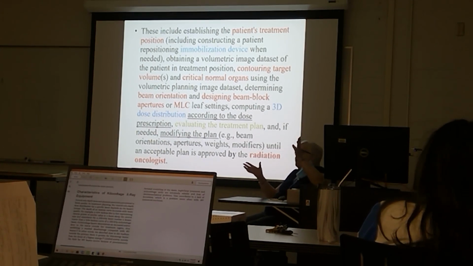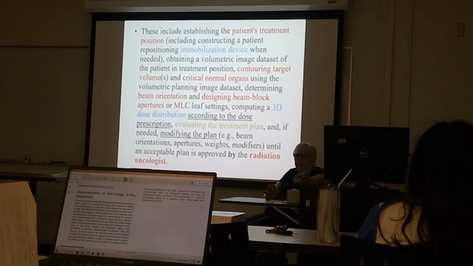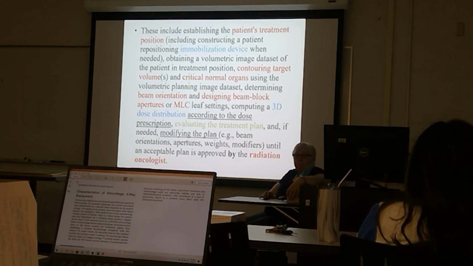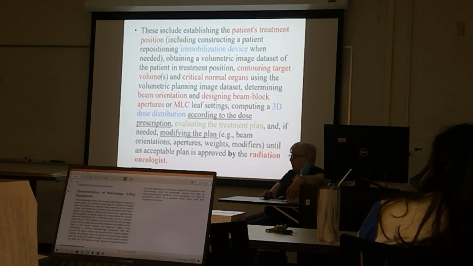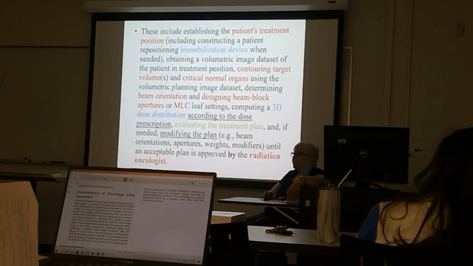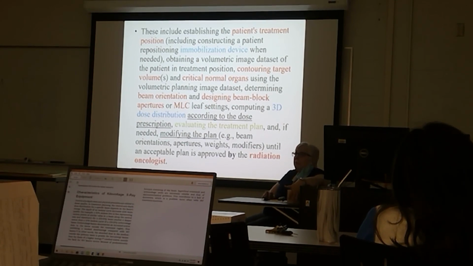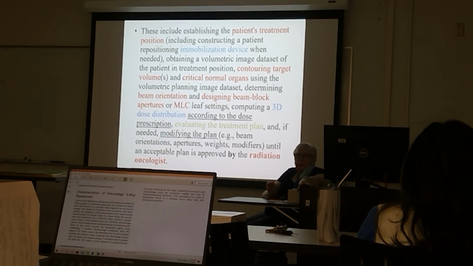So what you have to do is alter the angle. So if we are doing a 4-field pelvis, what are the normal angles for a 4-field pelvis? Right, left lateral, anterior, posterior. 4-field box, that is correct, that's what it's called. Now, most physicians these days, even if they're doing a non-IMRT treatment, will not use a 4-field box.